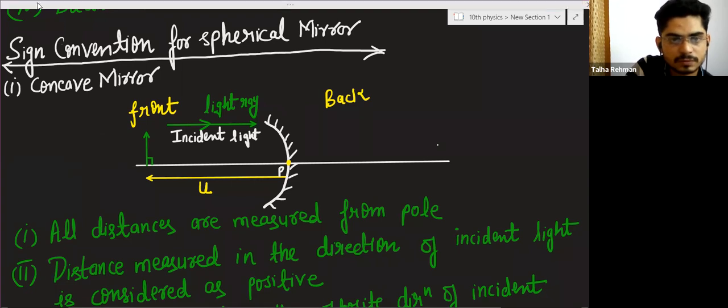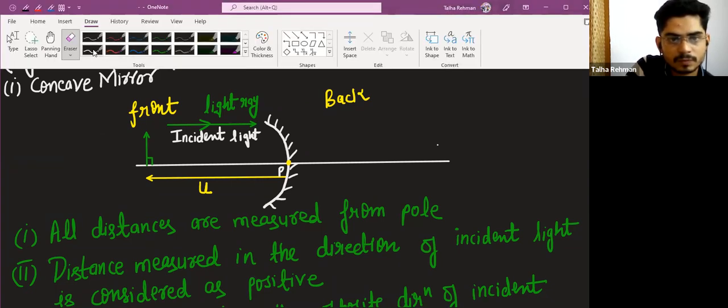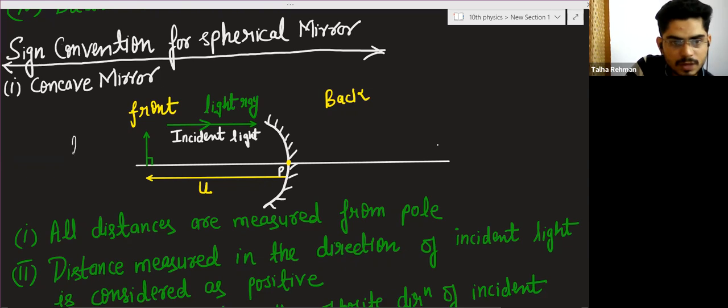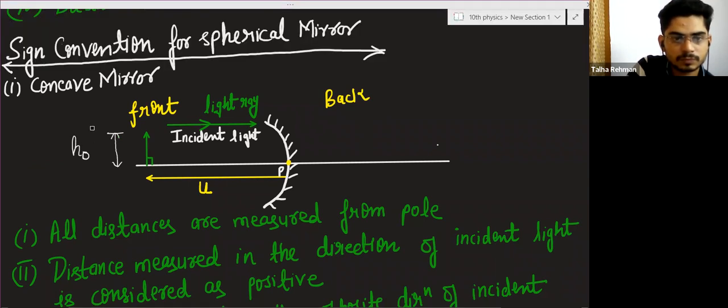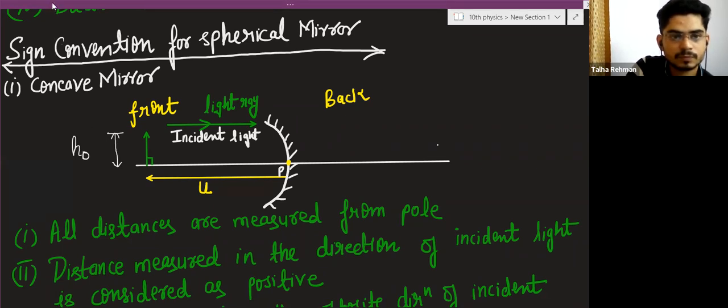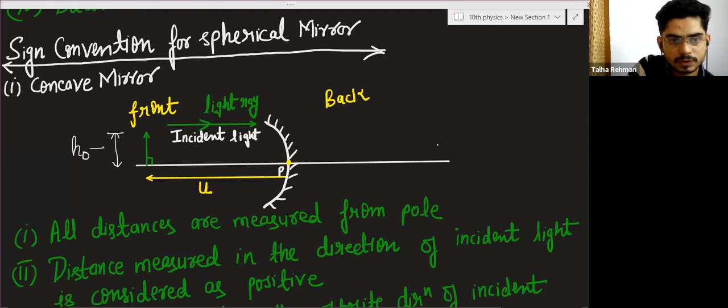This is hi. Okay, this distance from here to here is not hi, this is ho. This height is height of object.